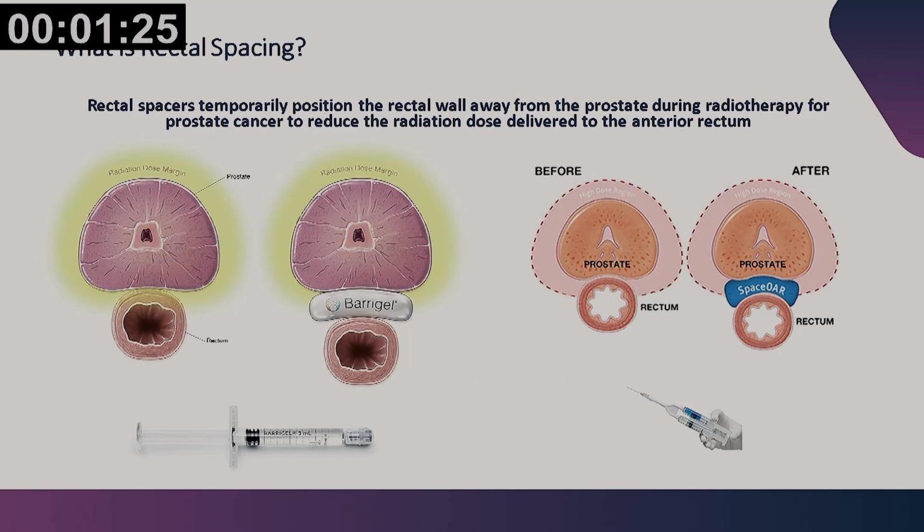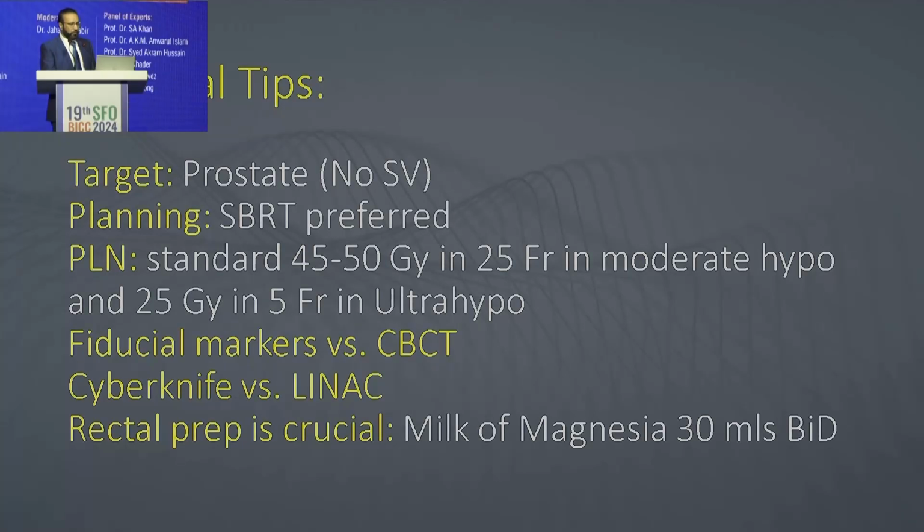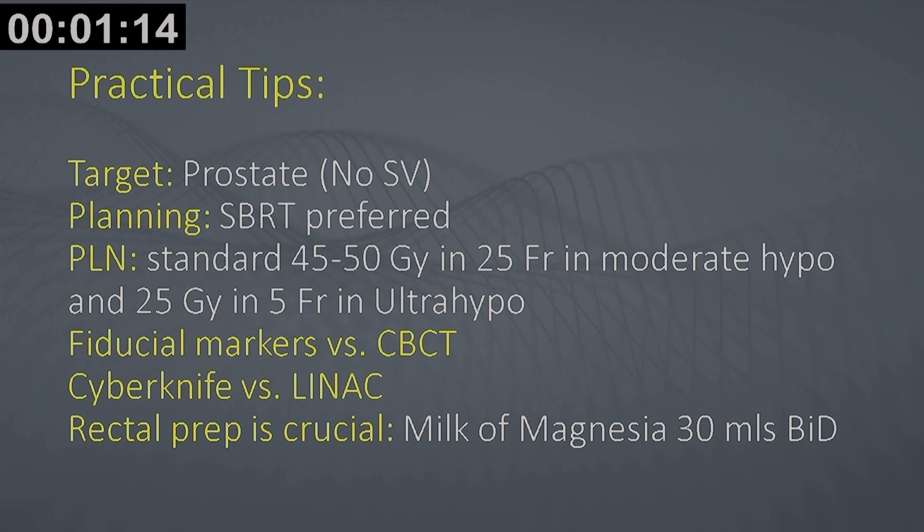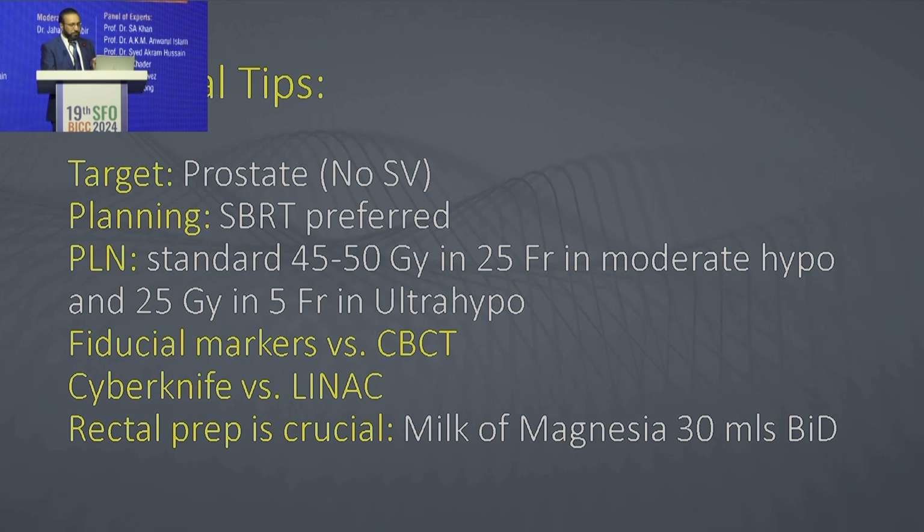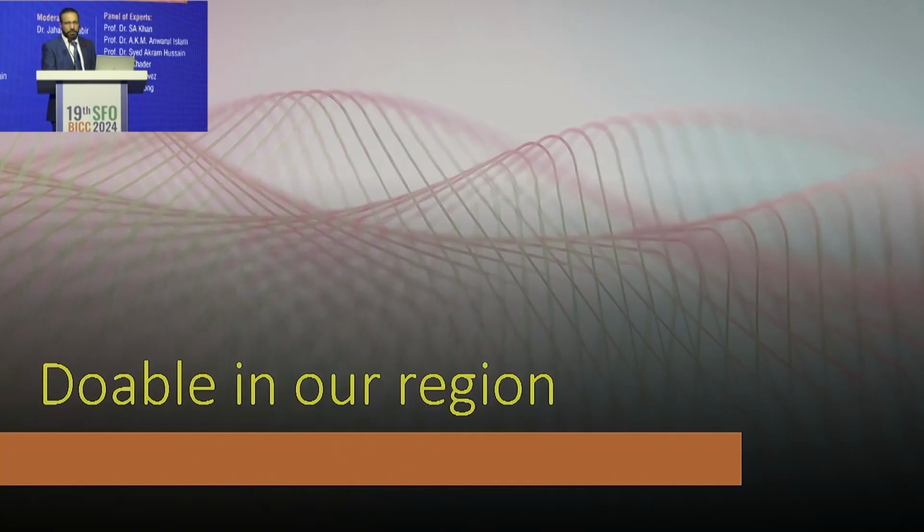However, with 36.25 gray, proper rectal preparation, good volume and planning, we don't see even rectal proctitis. One tip is that only the prostate is drawn, not the SVs, for ultra hypofractionation. Either use fiducial markers, cone beam CT, CyberKnife or Linac; both will be okay. But rectal prep is the key for all this treatment. So yes, it is doable in our region.